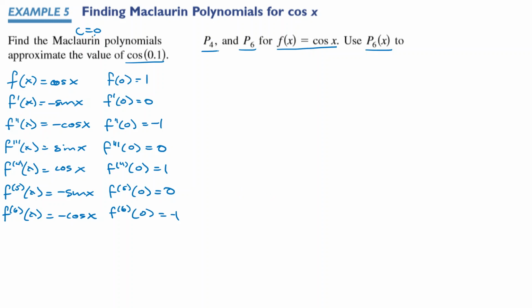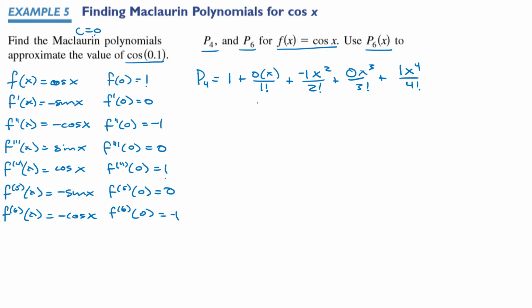All right, so now we can find our polynomial. So p sub 4 is, well, our original value, plus 0 times x minus 0, so just x to the first over 1 factorial, plus negative 1, x squared over 2 factorial, plus 0, x cubed over 3 factorial, plus, here's 4, 1, x to the fourth over 4 factorial.